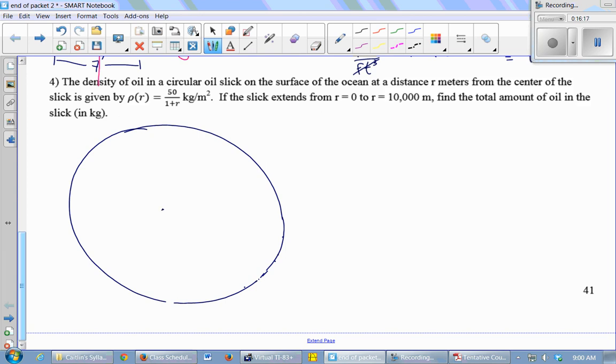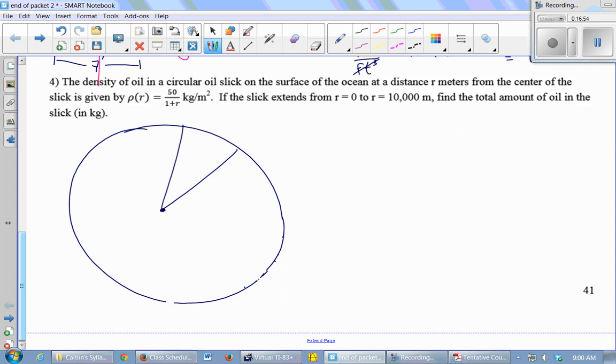Okay, so my density varies as I head away from the center of the spill. So what I'm going to do, my slices where density is approximately the same are going to look like what? How am I going to slice this thing so that on each slice density is approximately uniform? Pie slices?